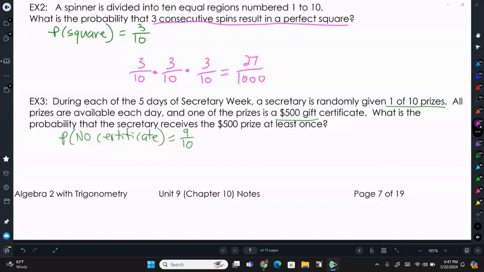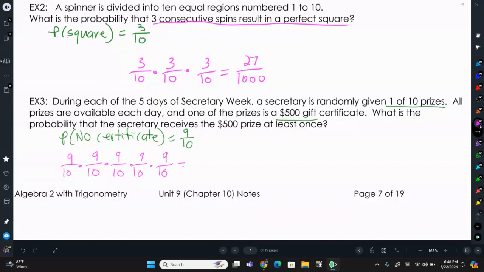So let's find the probability that she never wins. She never gets the gift certificate. So she has a 9 out of 10 chance on each day to not get the gift certificate. On the first day, she has a 9 out of 10 chance of not getting it. Second day, 9 out of 10. Third day, 9 out of 10. Fourth day, 9 out of 10.